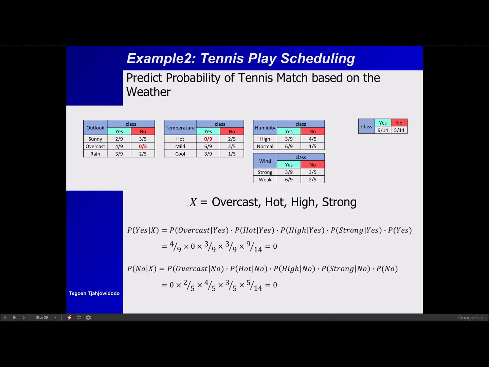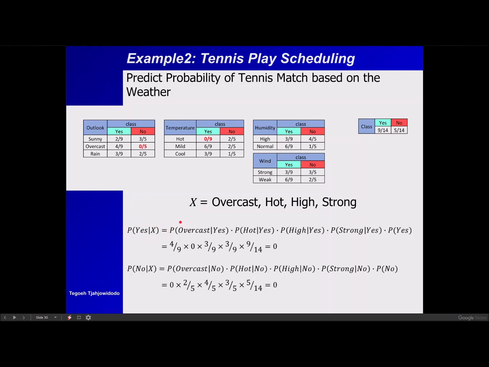And then I will calculate the same thing for no, the probability of no given X. So let's do it for the first one, the probability of yes given X, where X is again overcast, hot, high, strong. So how to calculate this?